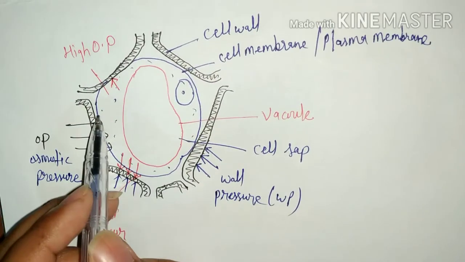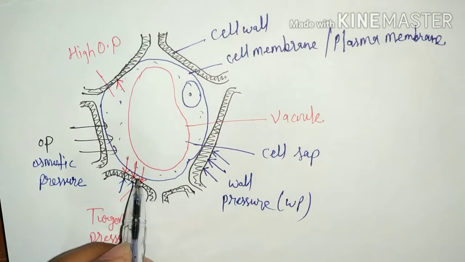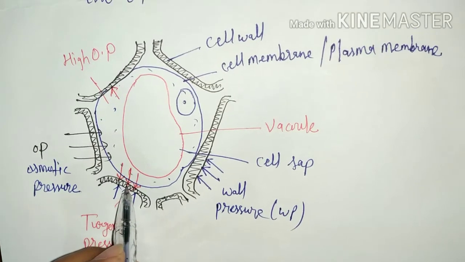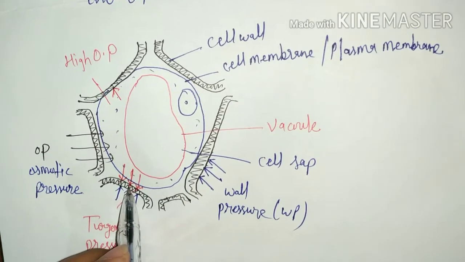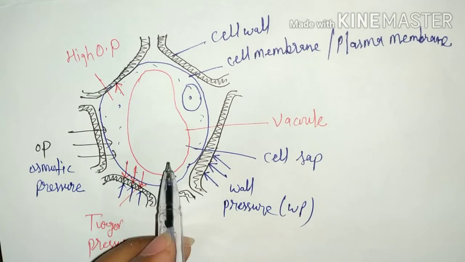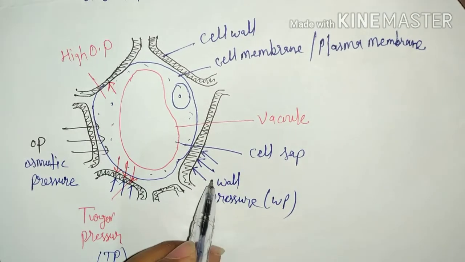Due to continuous flow of water molecules inside the plant cell, a new pressure is developed against the cell wall because the plant cell wants to become turgid. To maintain this pressure, the cell wall develops a pressure against turgid pressure to prevent the burst of the plant cell.